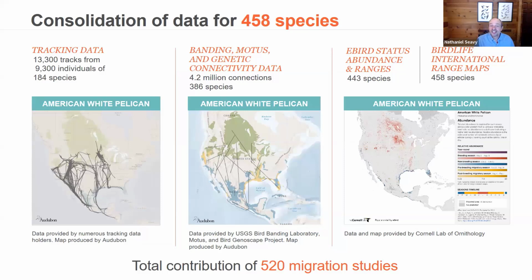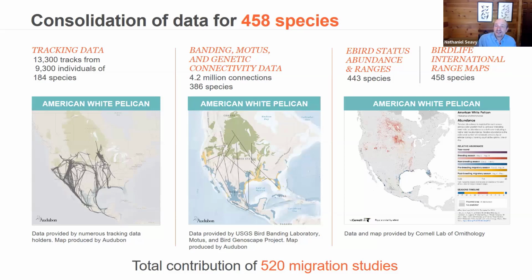And then genetic connectivity data, which is another way that we're able to track the movements of birds. And this genetic connectivity data is very much like the ancestry data that we have for people, where we can take a sample from a bird, and then if we've sampled it across its breeding range, we can connect a genetic sample from the wintering range to what population we think that bird most likely came from.